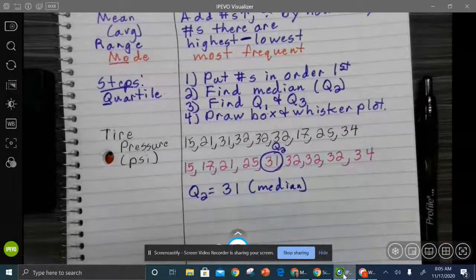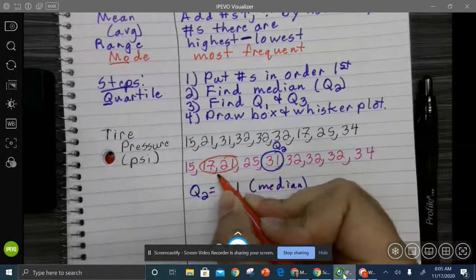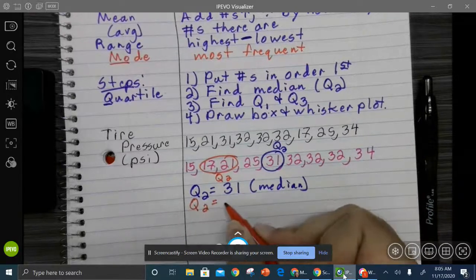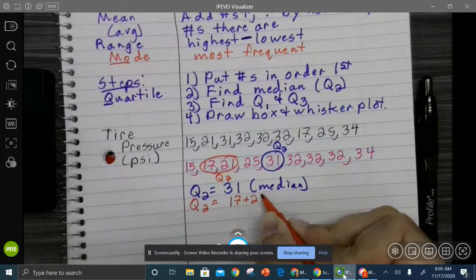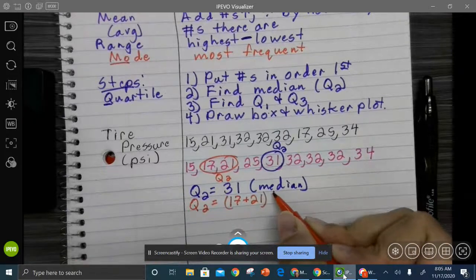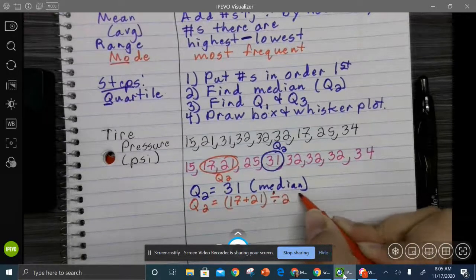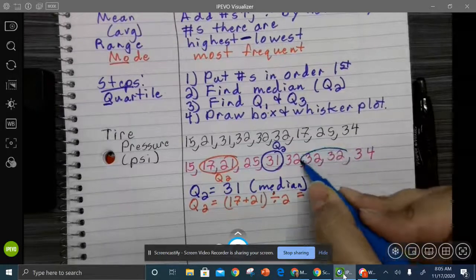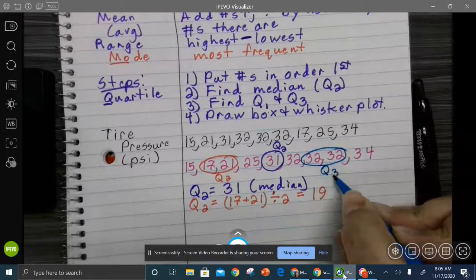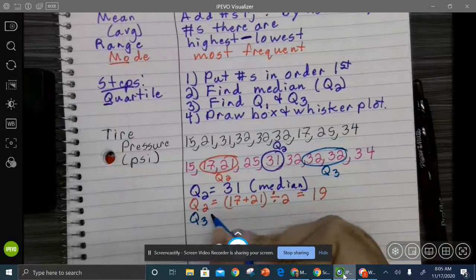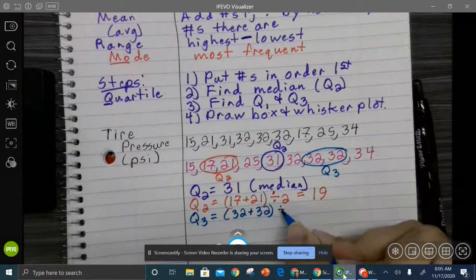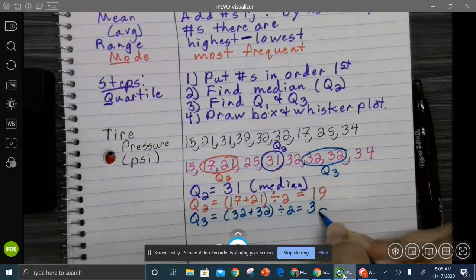With quartile 1 there are two middle numbers, so we add them together and divide by 2, finding the average. So we get 19. Then we add the other two together for quartile 3, which again represents 75% of the data. So 32 plus 32 divided by 2 is 32.